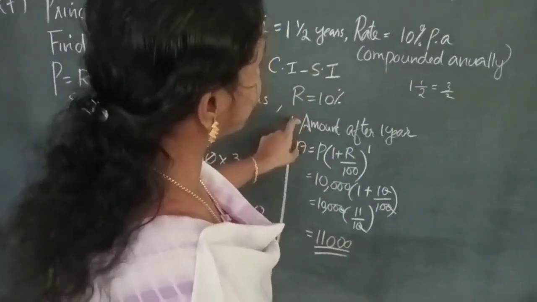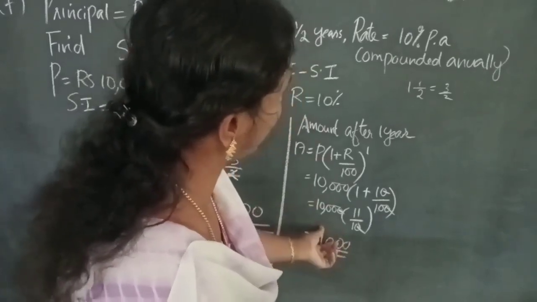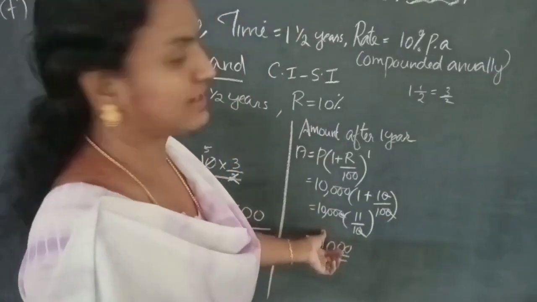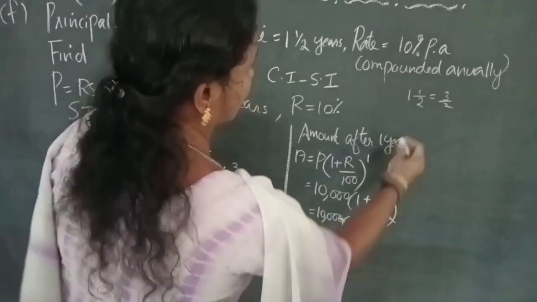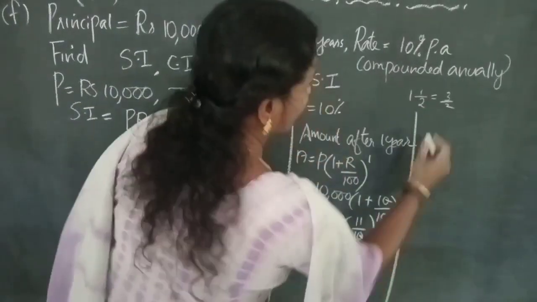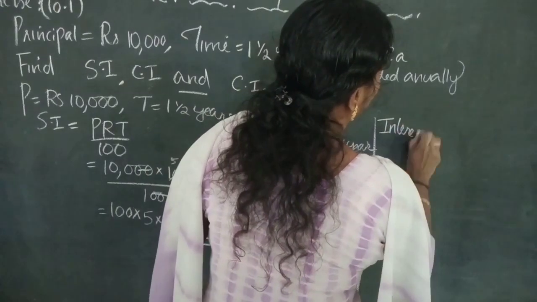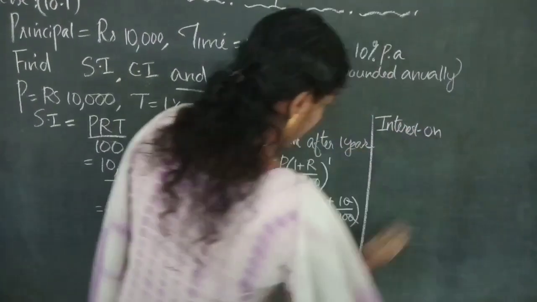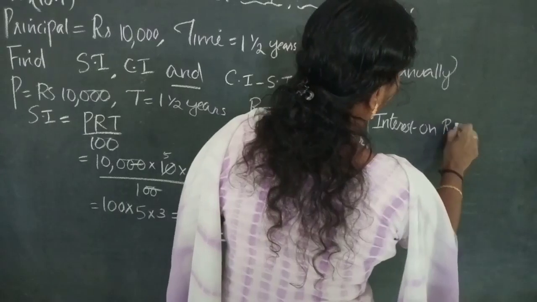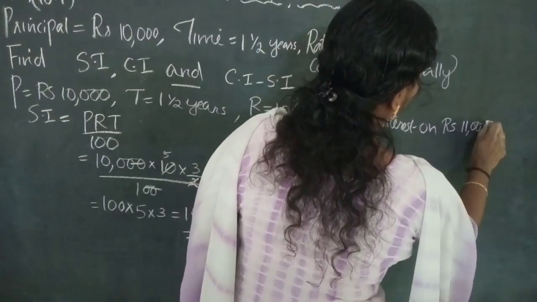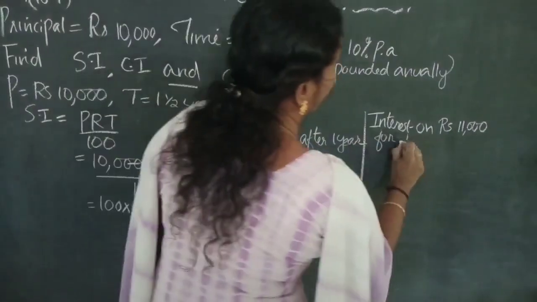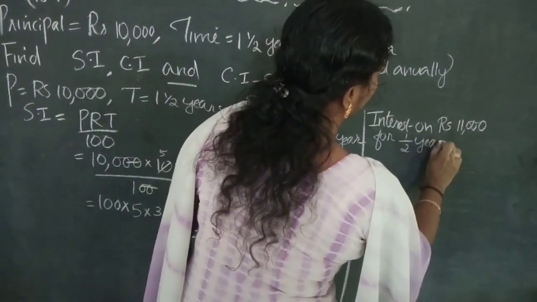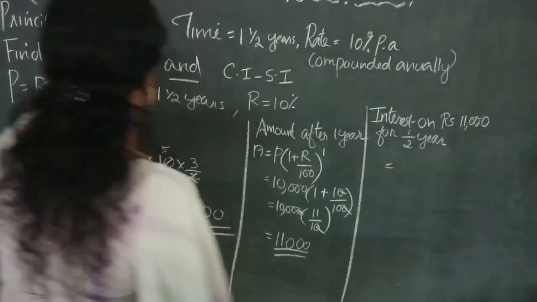Next, interest on rupees 11,000 for half year is equal to 11,000.